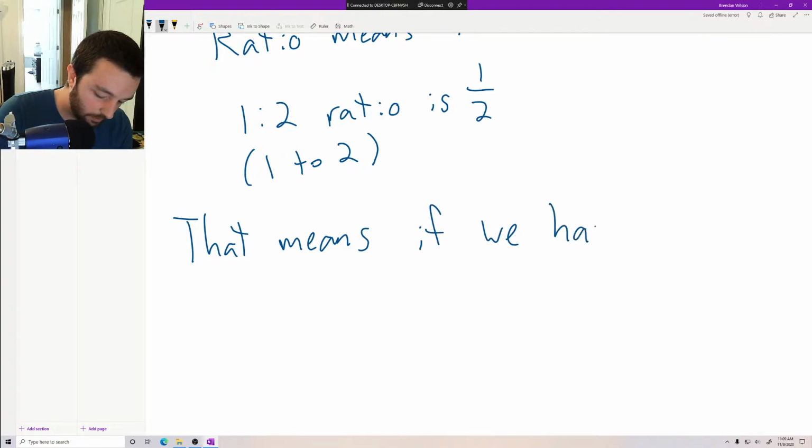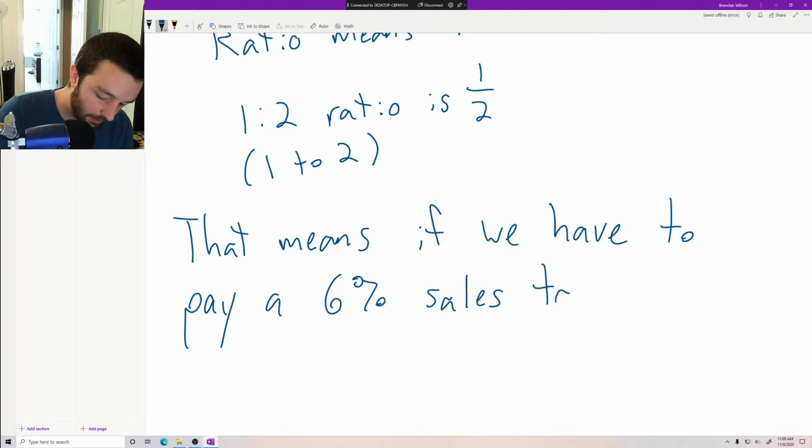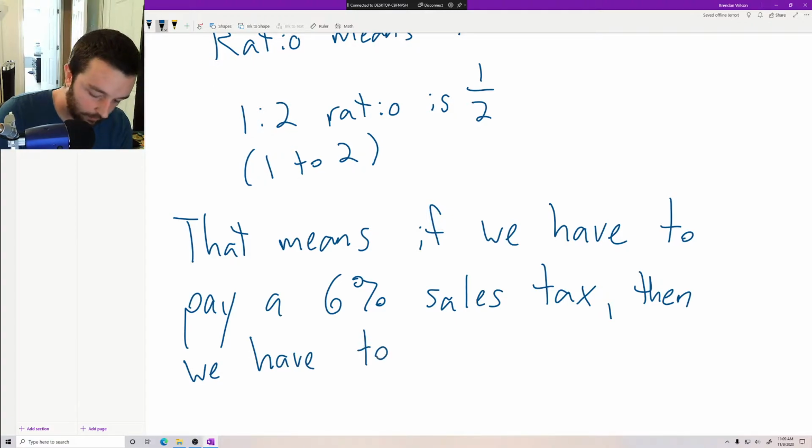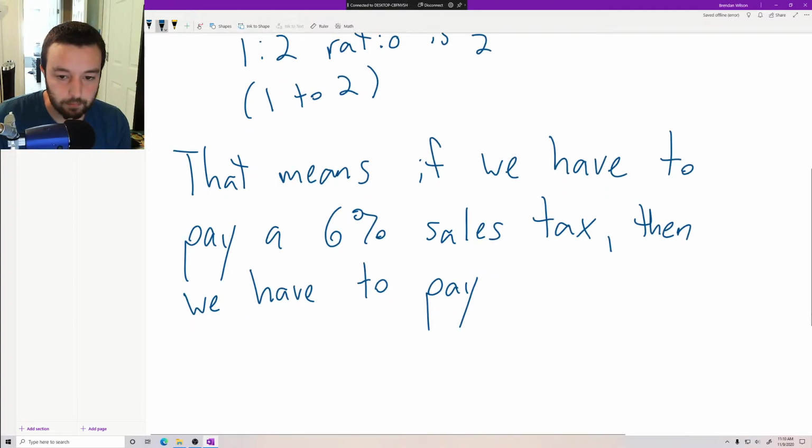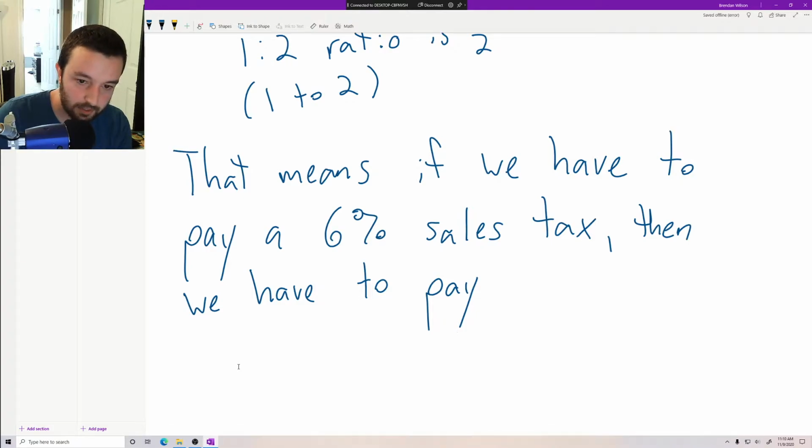Let's say if we have to pay a 6% sales tax, then that means that if our denominator is 100, if we think about the percent in terms of money, this is saying that we have to pay 6 cents for every dollar, or 6 cents for every 100 cents.